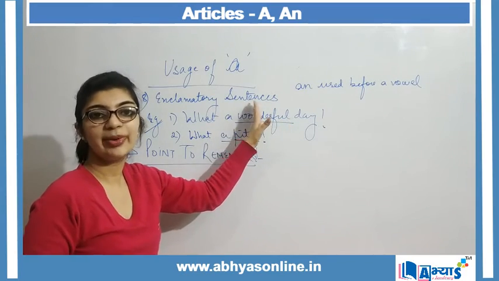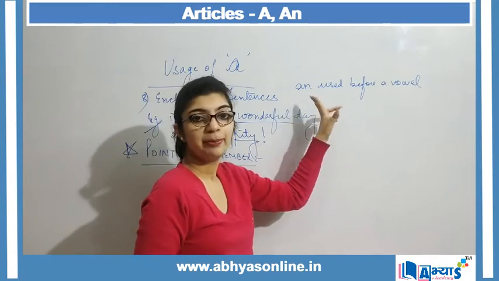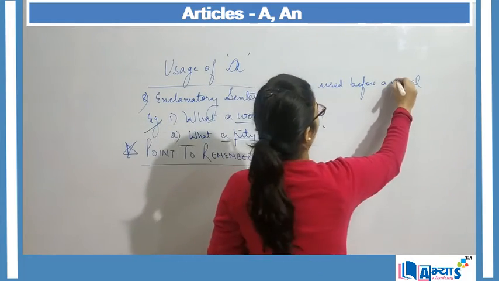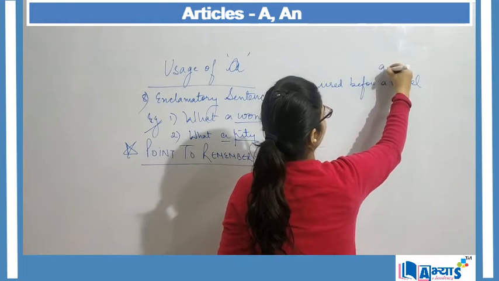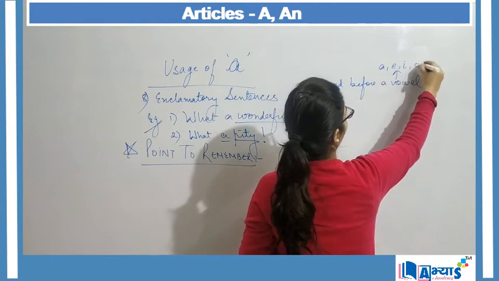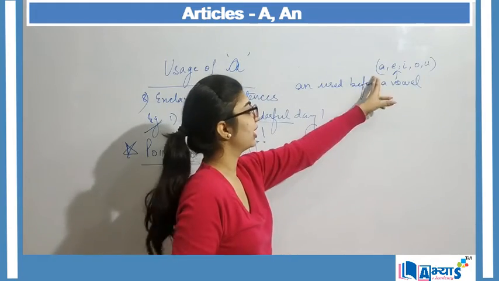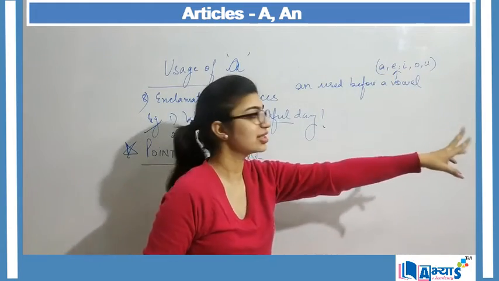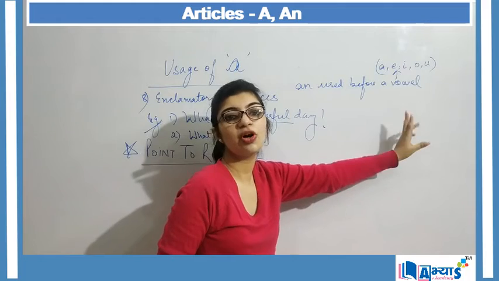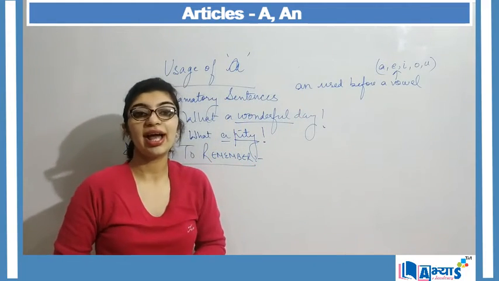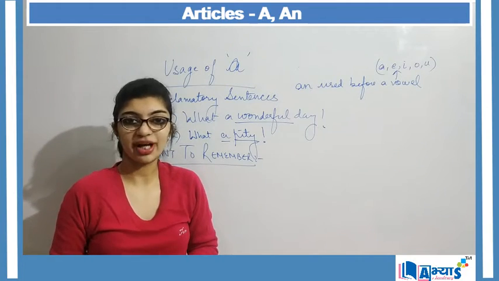In the same way we can make use of an, but an is used before a vowel, and vowels are a, e, i, o, u. So for all the words which are beginning with these letters, instead of the article a, we will be making use of article an, right?